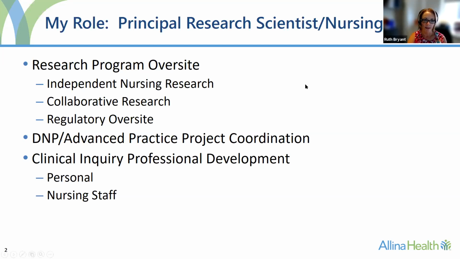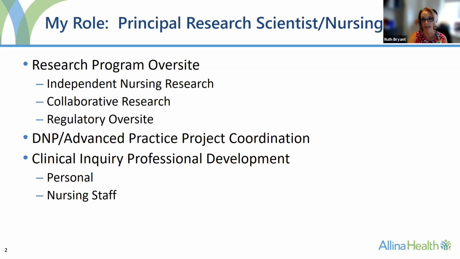And then I also provide this regulatory oversight for people who want to navigate the IRB process. And as it turns out, you become very involved in advanced practice types of projects, so our DNP student coordination of projects. We have at least 5 or 6 different institutions that we end up having DNP students from, and primarily these are employees.